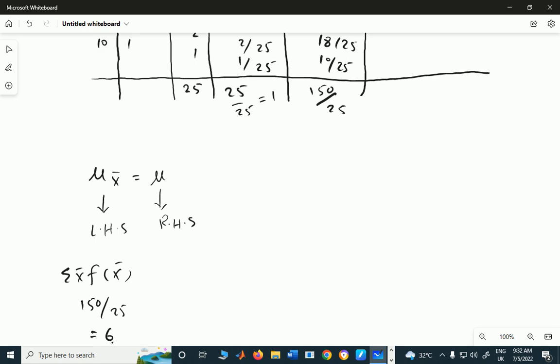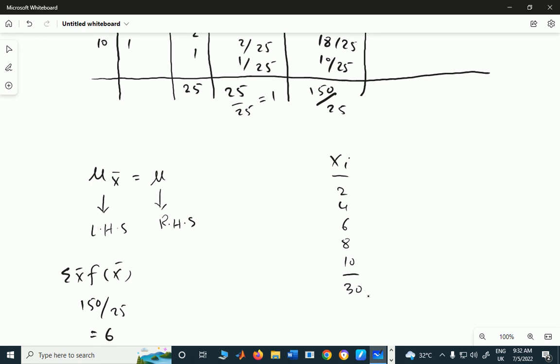Now, we have to calculate the right hand side, and in the right hand side we know that x i is equal to the population data, which is 2, 4, 6, 8 and 10. If you add these values up, this is equal to 30.